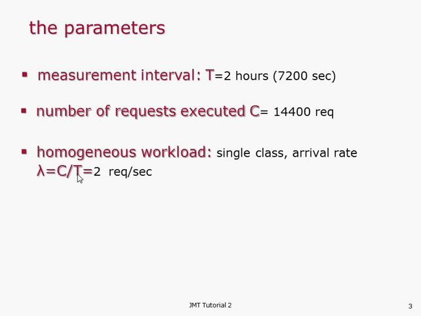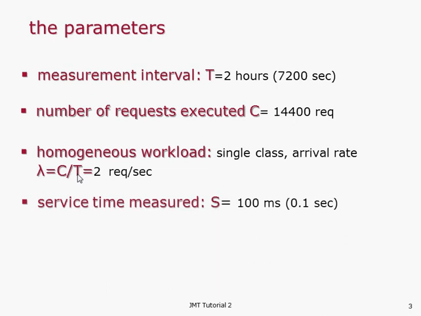We consider a workload that consists of a single class. This assumption means that the requests executed by the system have similar characteristics, and thus their service demands can be described with their mean value and distribution.